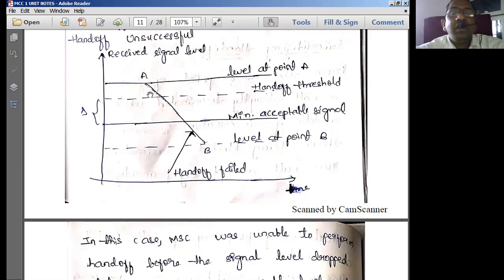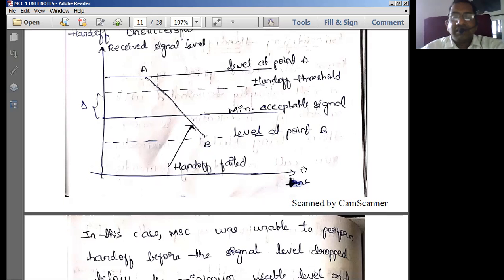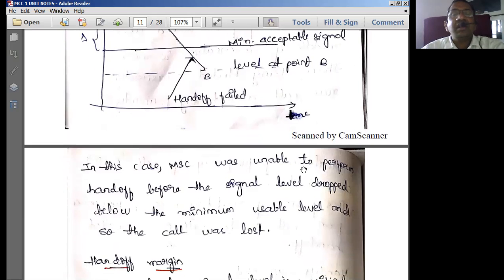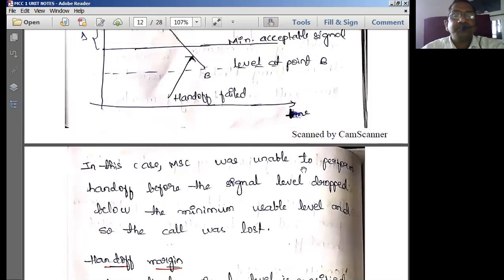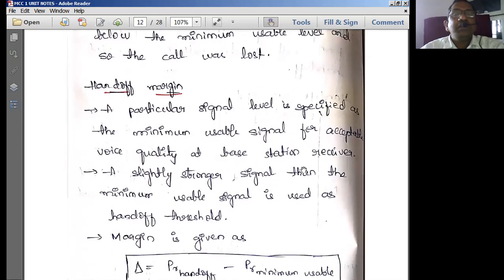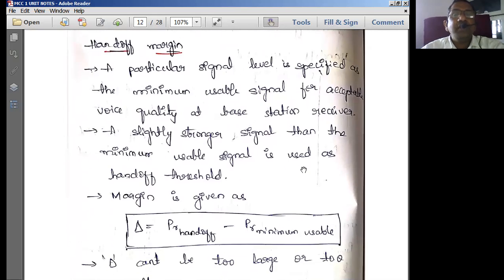Therefore, it has not reached the coverage area of cell B, and since the signal strength has come below the minimum acceptable level of the threshold value, the signal gets dropped. The handoff fails, and the signal is disconnected because of the unsuccessful handoff process. So there should be a minimum handoff margin.